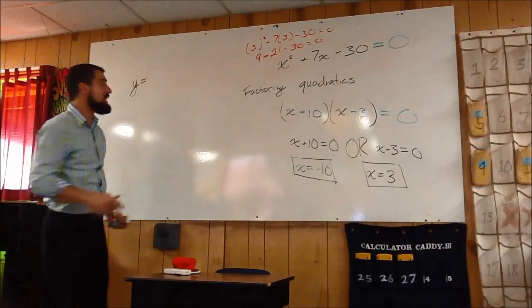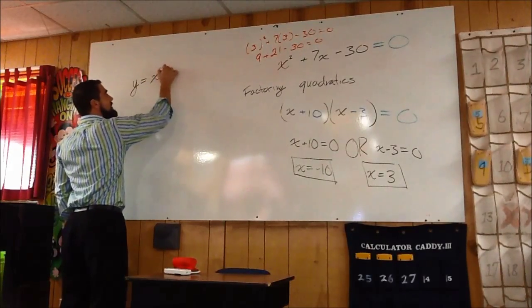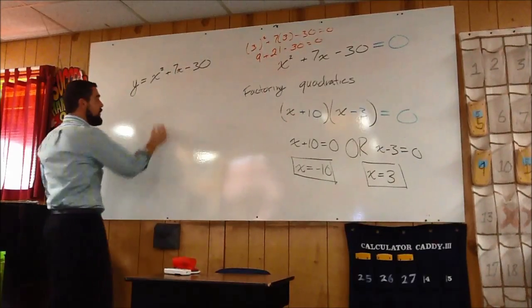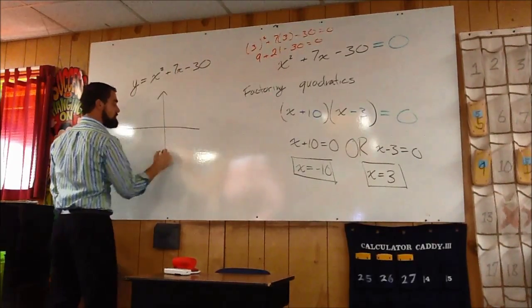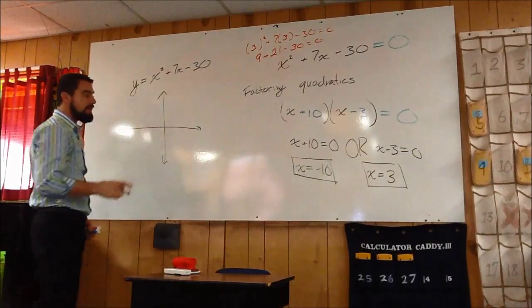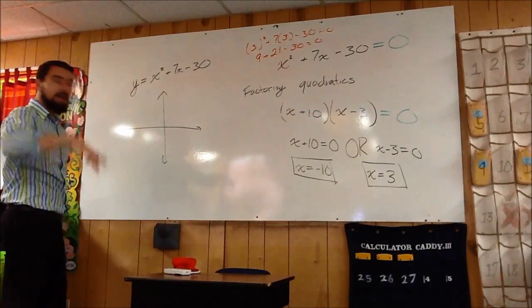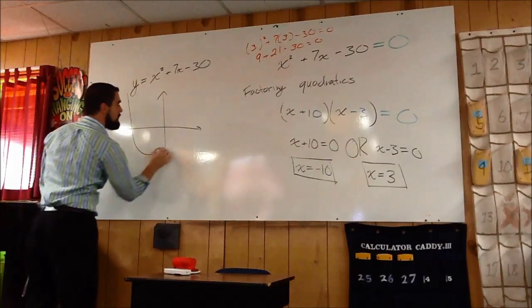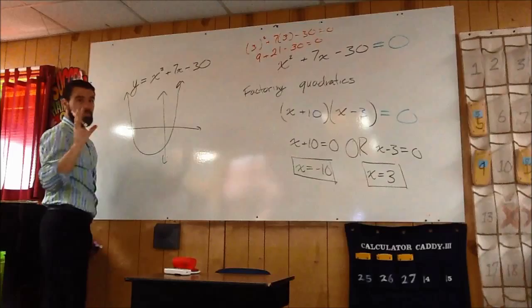But this is a quadratic, and so right now I have y equals x squared plus 7x minus 30. And when I graph this, whether on the calculator or wherever it may be, it's going to be U-shaped. It's going to look something like this.